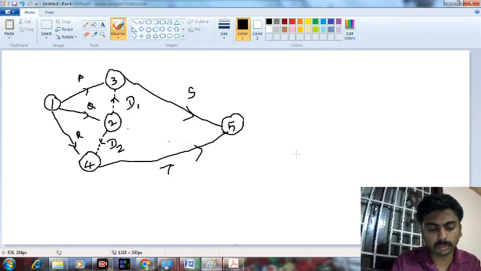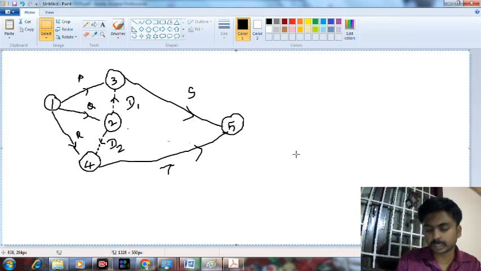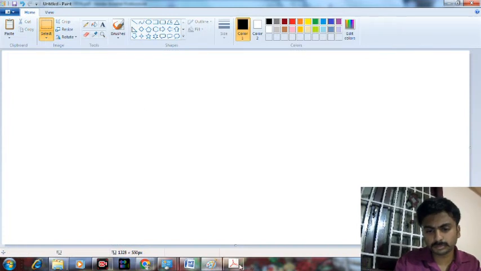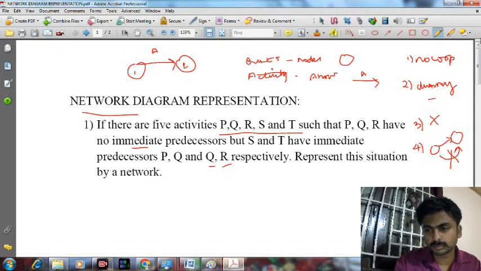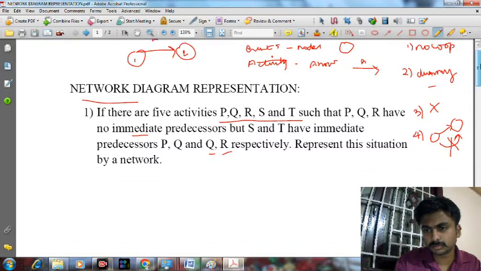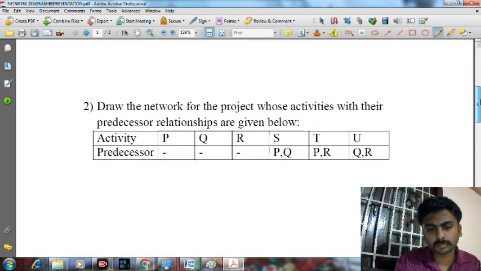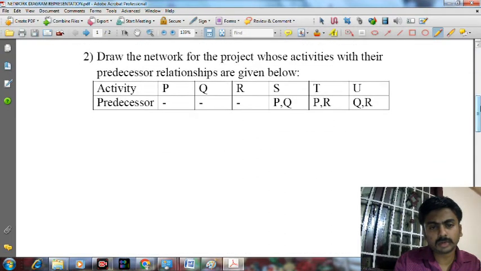So now let us move on to the second problem. Draw a network for a project whose activities with the predecessor relationships are given below.